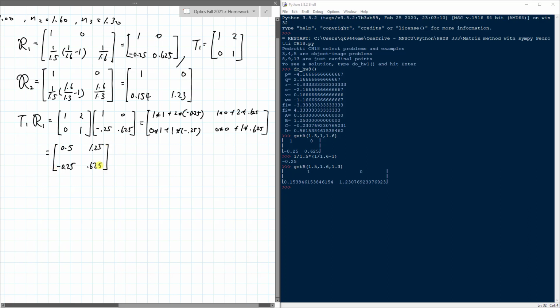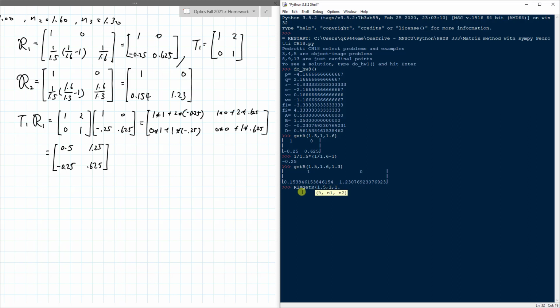We can check our calculation with Python. R1 equals get R, 1.5, 1, 1.6. These are the indices of refraction.